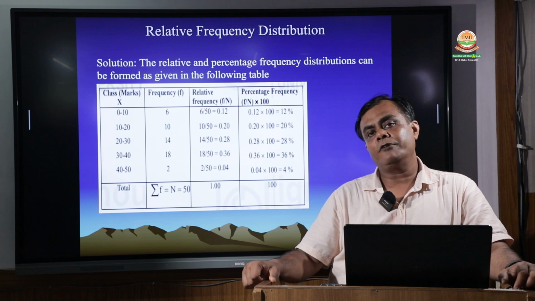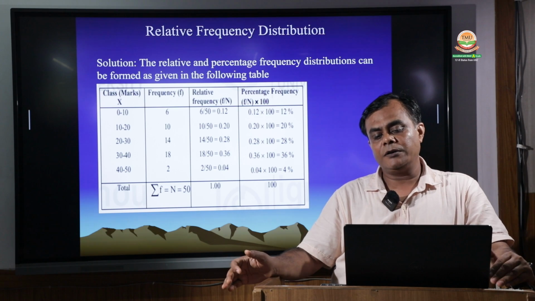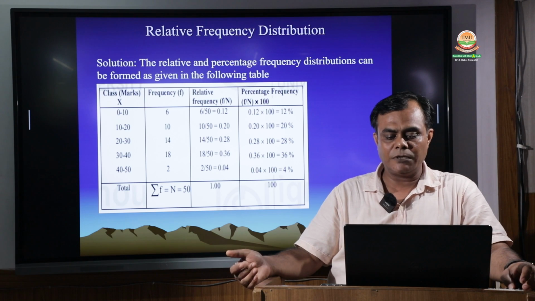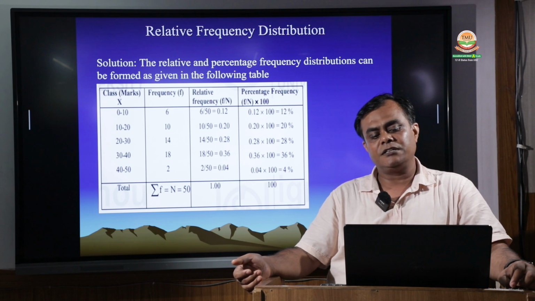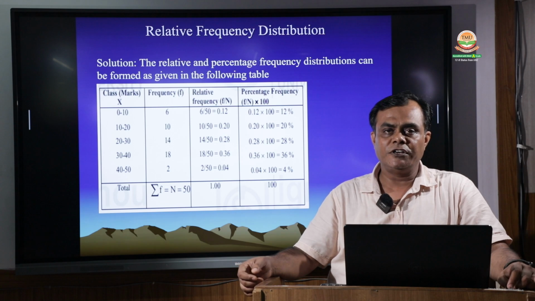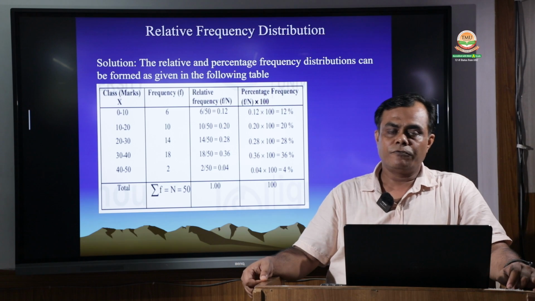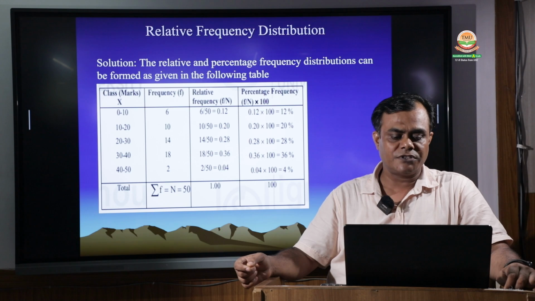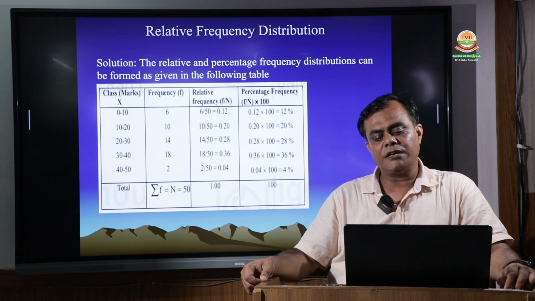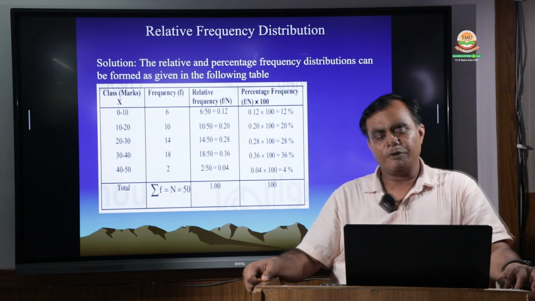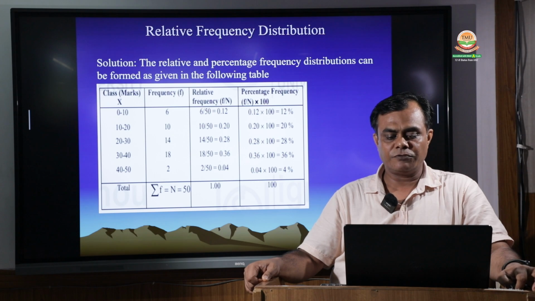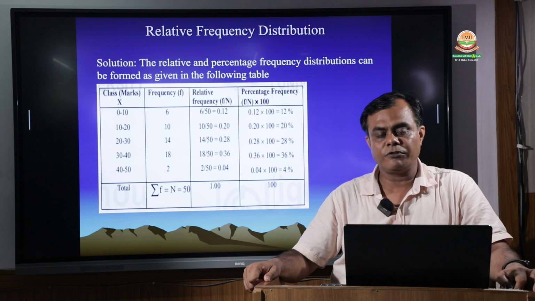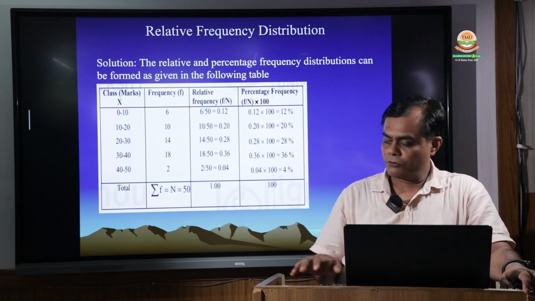By this we are dividing 100% into different relative frequencies for the different class intervals: 12% for 0 to 10, 20% for 10 to 20, 28% for the third class interval, and 4% for the last class, 40 to 50.